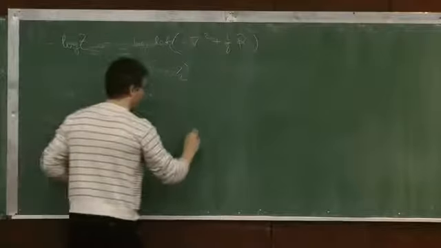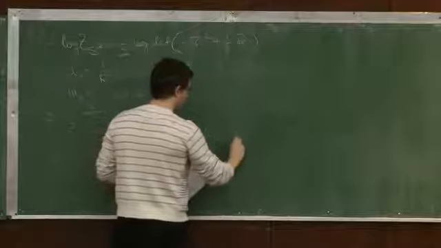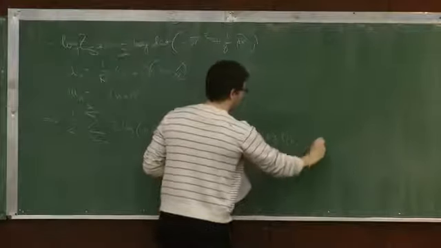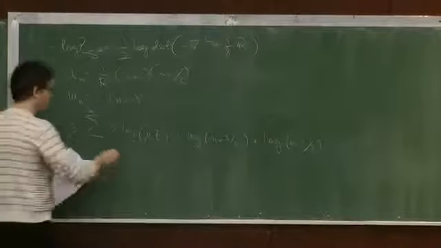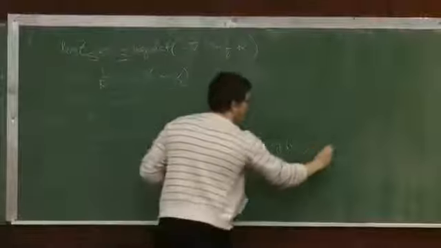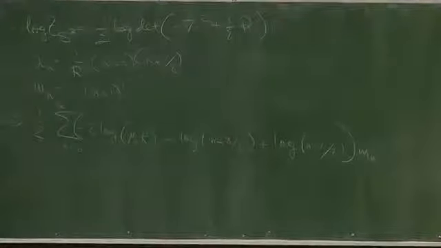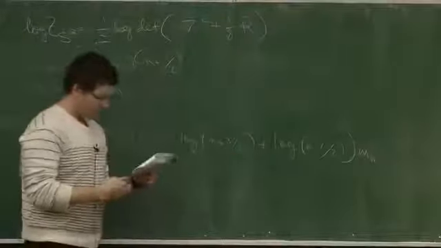Plus log of n plus 3 halves plus log of n plus a half. So you see where all the terms come from. Of course, they're all multiplied by the multiplicity. So the fact that there is this multiplicity multiplying everything is trivial.